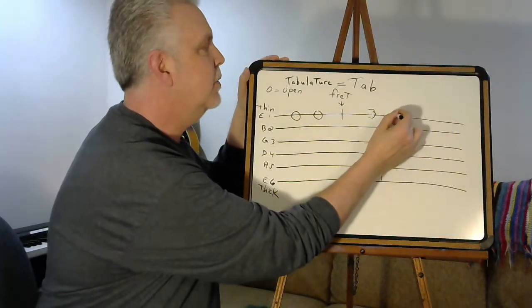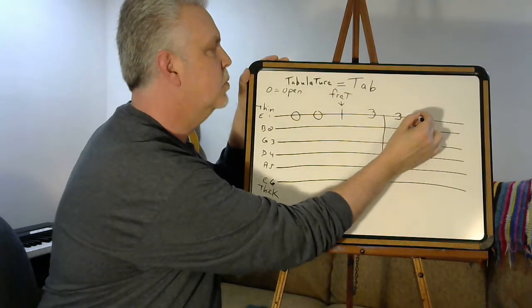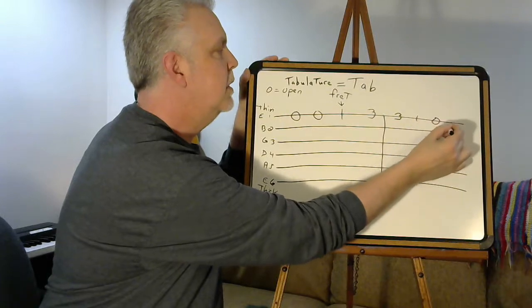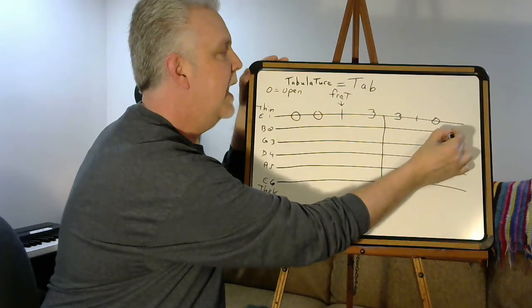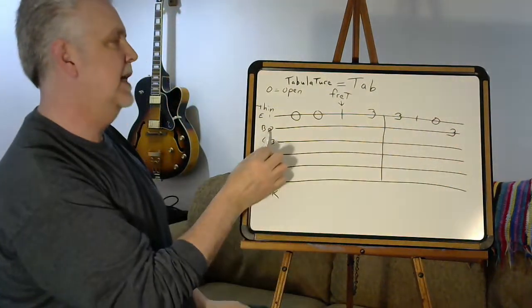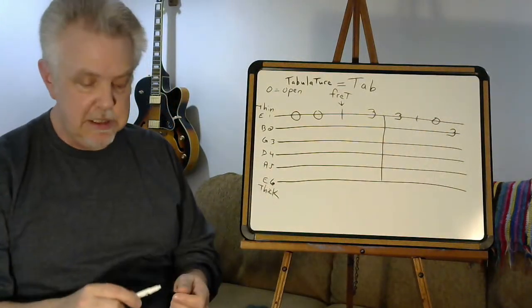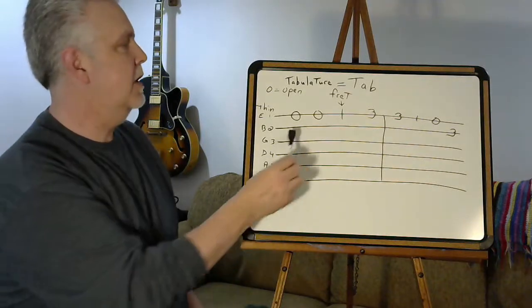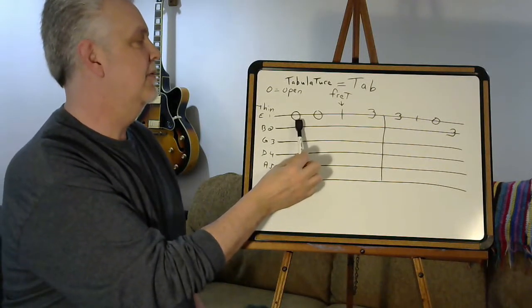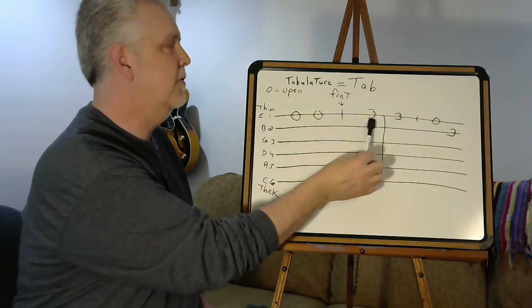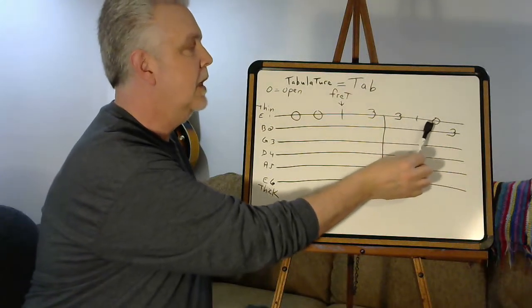And say I go 3, 1, open. But now, maybe I have a 3 that occurs on that second line. Well, that means 3rd fret on my 2nd string. So far, on my 1st string, I have open, open, 1st fret, 3rd fret, 3rd fret, 1st fret, open.